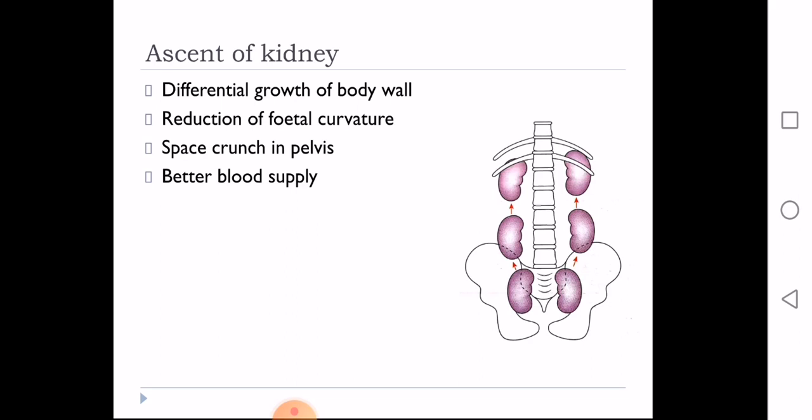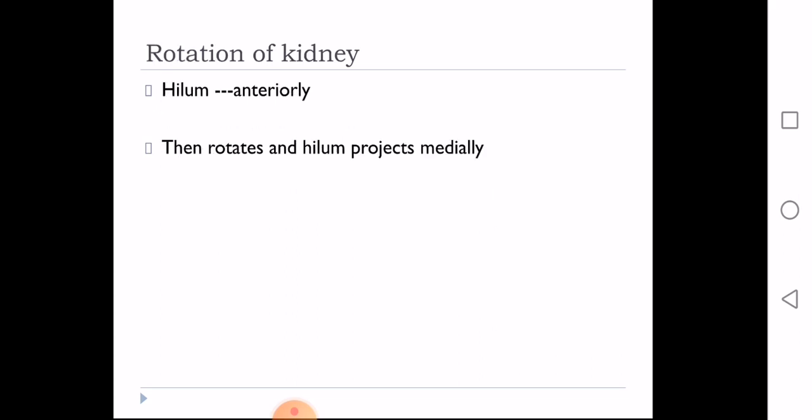To escape that, it moves up, and also to get a better blood supply. Then the kidney, initially the hilum faces anteriorly, but during its ascent it rotates 90 degrees medially so that the hilum will now face medially, which is how you saw it.